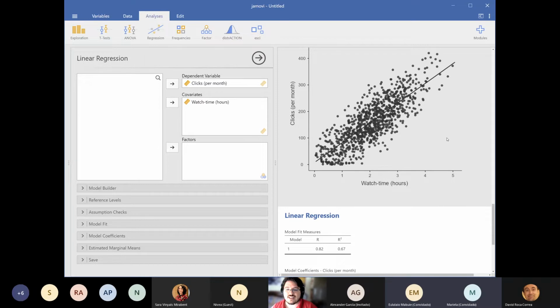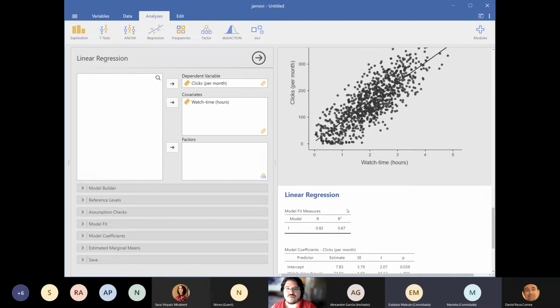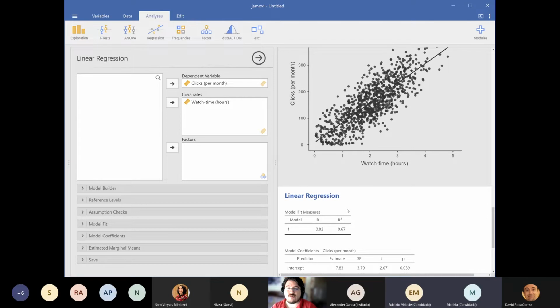But the thing is, if to the question of how much of your clicks per month can you explain with your watch time, 67%. That's the R squared. Okay, it gives you the percentage of the variance of your observable variable that can be explained with your independent variables. In this case, just the one, watch time.